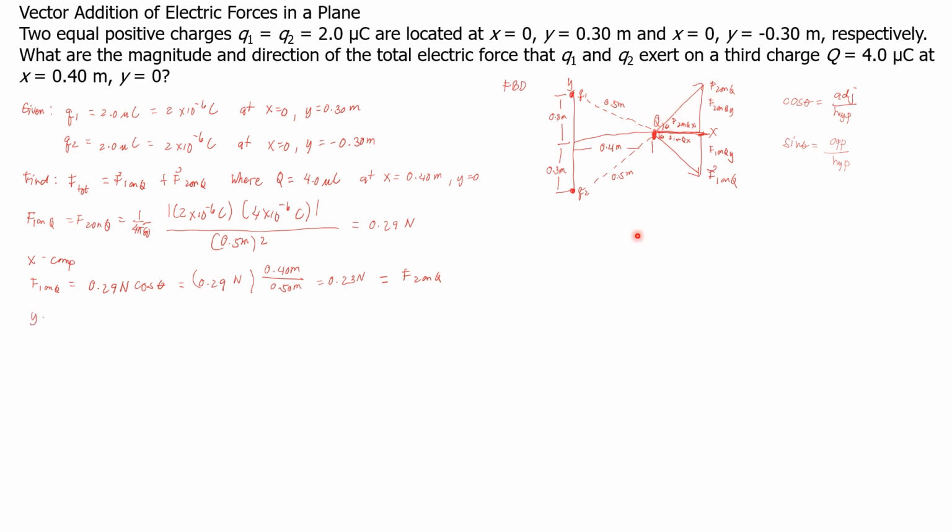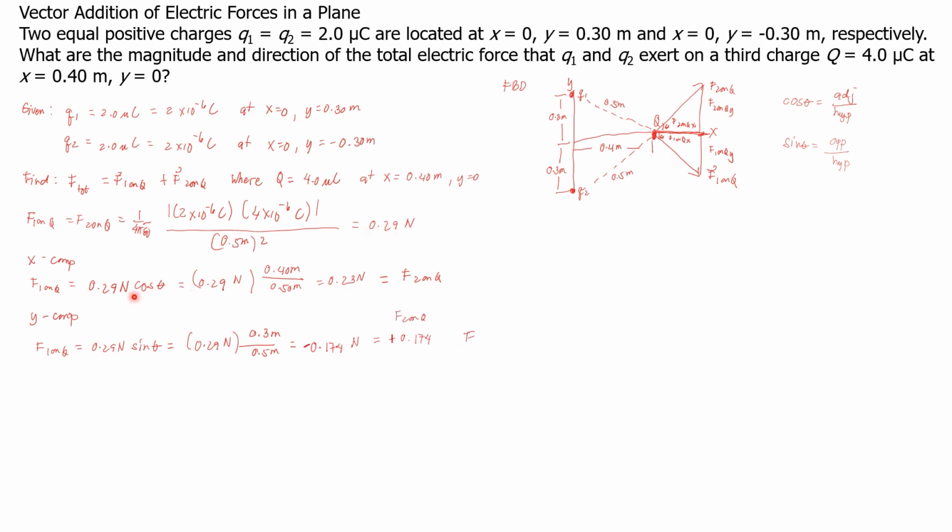So getting the x component of F1 on Q, the 0.29 is the hypotenuse, the magnitude that we obtained here.